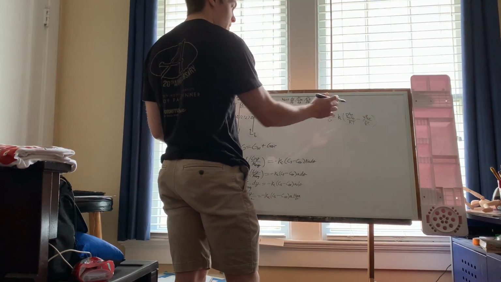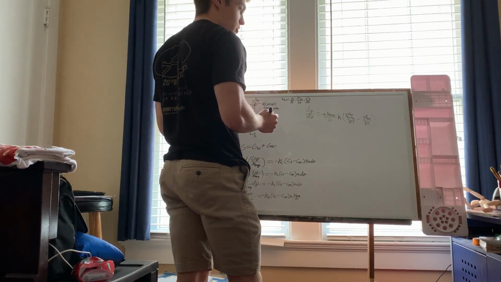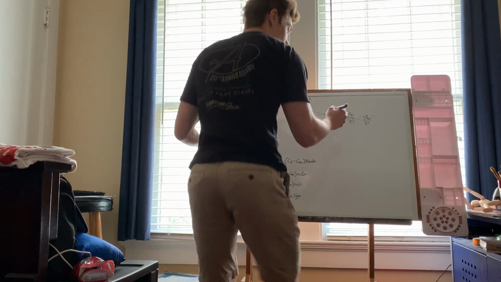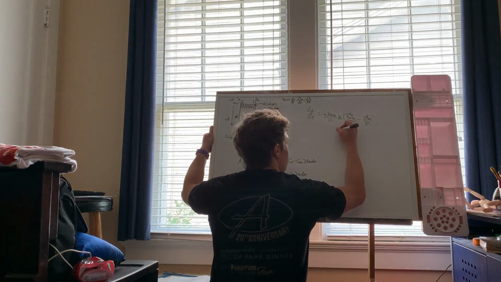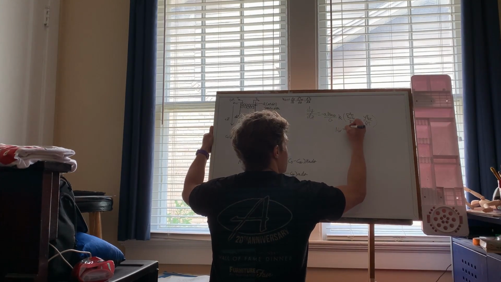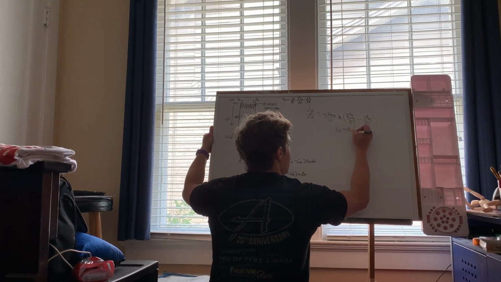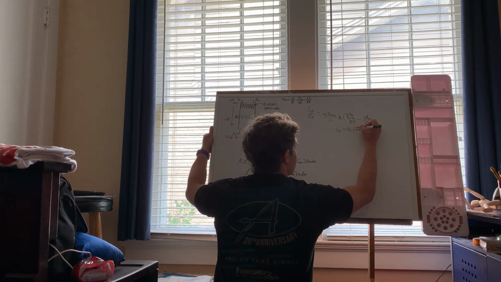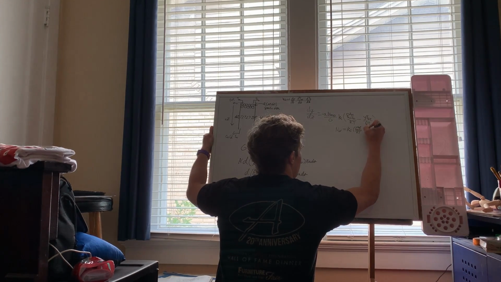And then if you're looking at this, you'll notice that this is actually going to be the molar flux of water. So we can say that our molar flux of water is going to be equal to our mass transfer coefficient times our saturated pressure of water at TW over RT minus our mole fraction times our total pressure over RT.